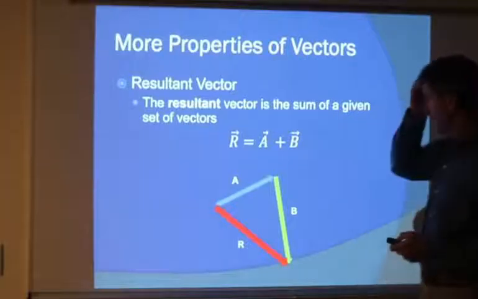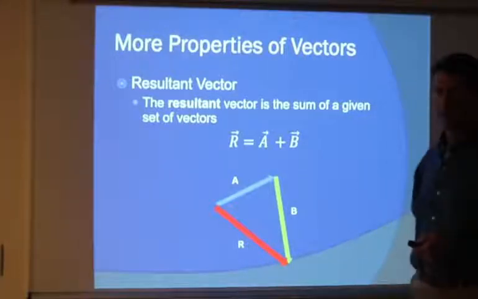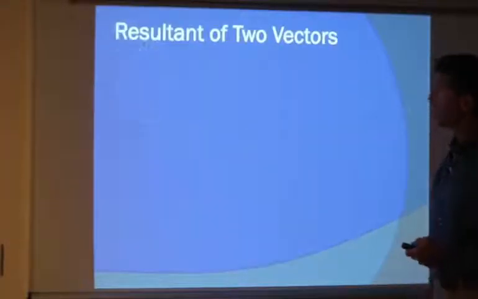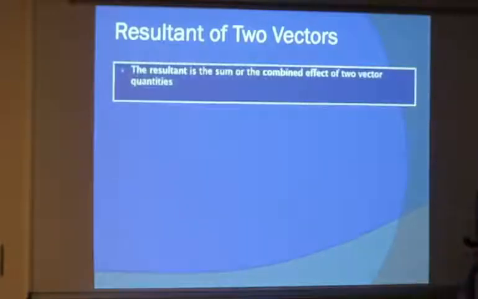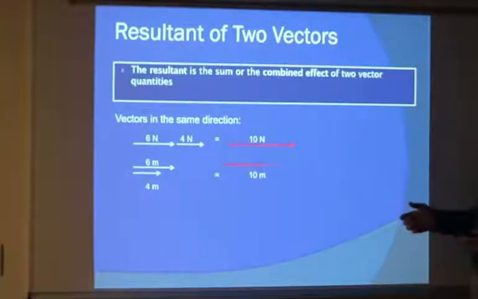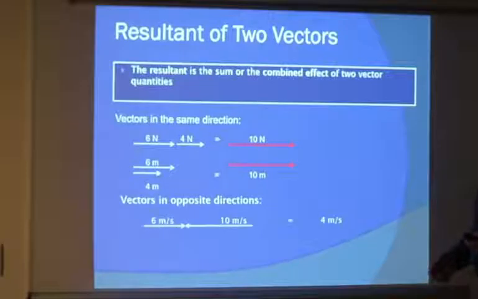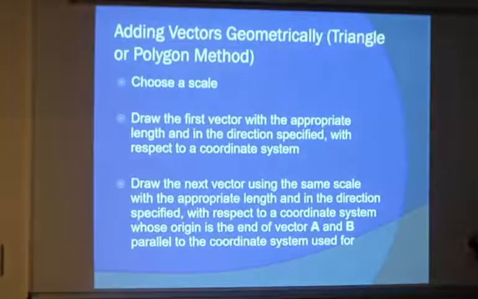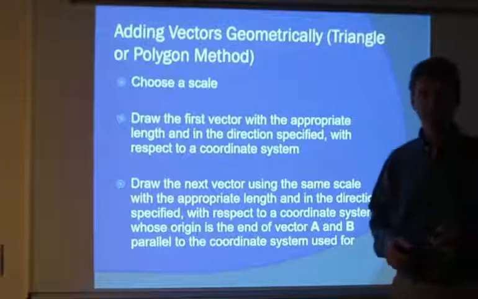Okay? So, how do I handle this? Well, if I want to do the sum of the two and they're not in the same direction like here, I can't just add them. Let me jump ahead a little bit.